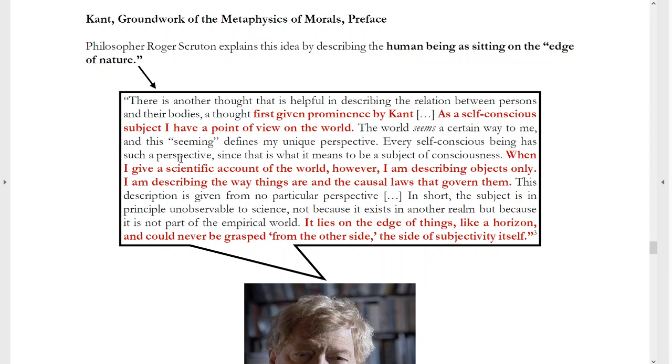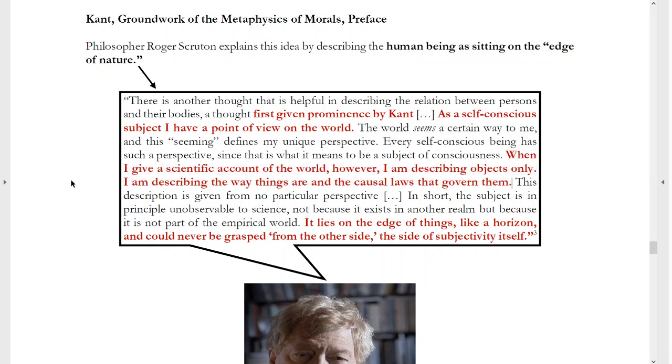You say, here, look, here's a physical rundown of how the car works. It's really available to anyone. This is an object which can be publicly understood by anyone who takes the time to learn about it. So Scruton says, when I give a scientific account of the world, however, I'm describing objects only. I'm describing the way things are and the causal laws that govern them.